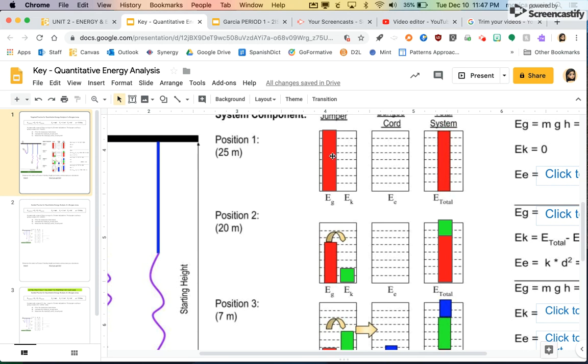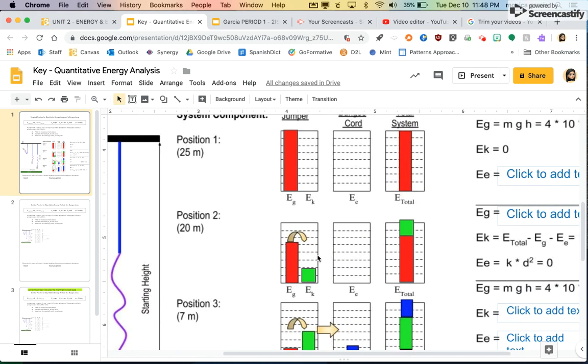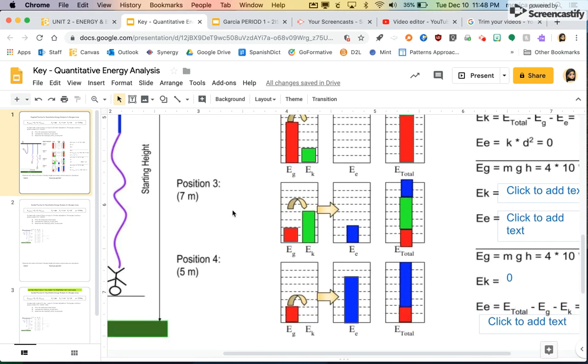The next position, position 2, that energy has decreased. And now we have some kinetic energy because the bungee jumper is now falling. So the total energy is made up of mostly gravitational and now some kinetic. In the third position, we have another transformation of energy from gravitational to kinetic, but we also have a transfer of energy here.